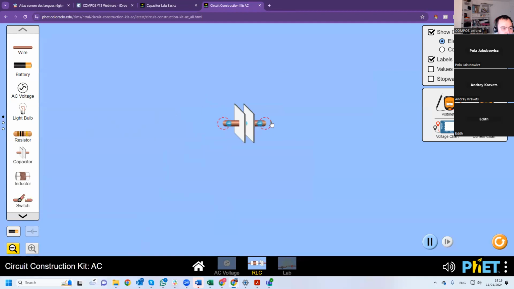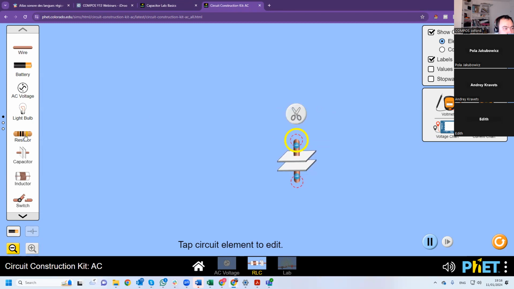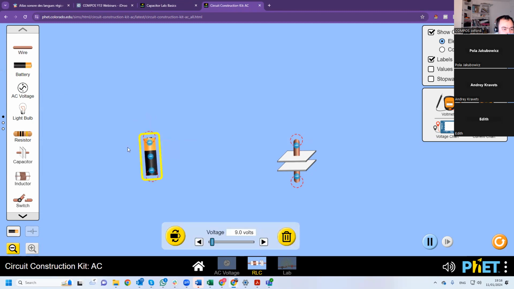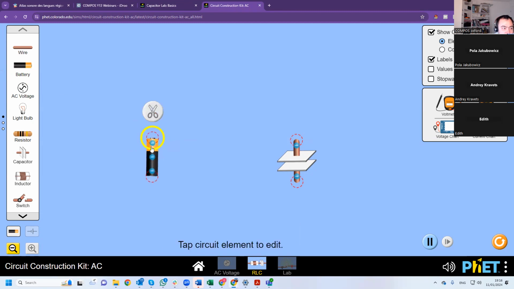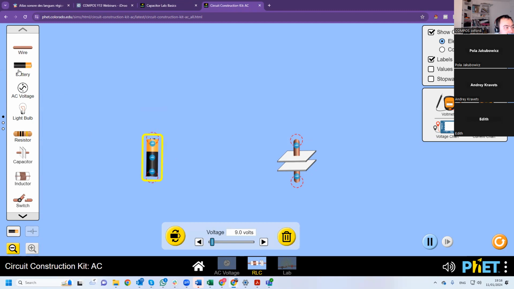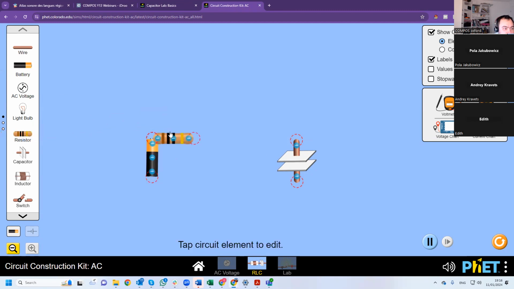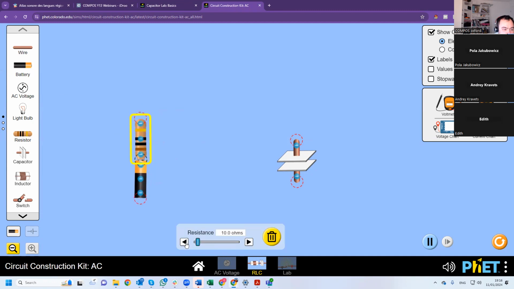We'll take a capacitor, we'll take a battery. The battery has internal resistance, so we'll model this by adding a resistor here. Okay, and let's make it smaller, slightly more realistic.